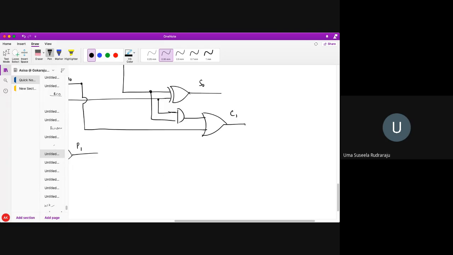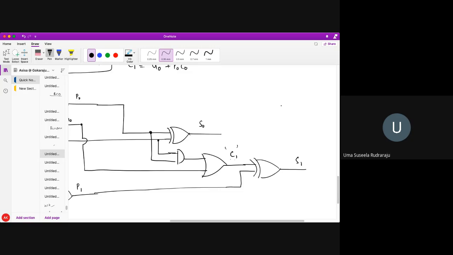C1 is available here. If I take P1 there, I can say that this is my S1. So you can see C1 is already ready from the 0th operation. During the 0th operation itself I have obtained this C1, and I am using this C1 for the next bit sum operation. Are you understanding?